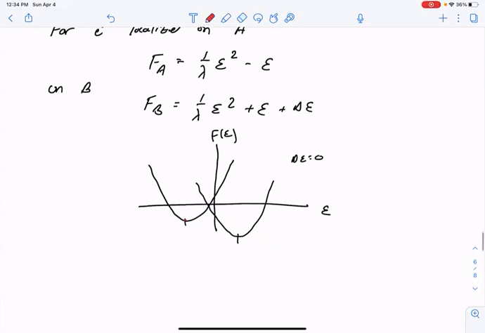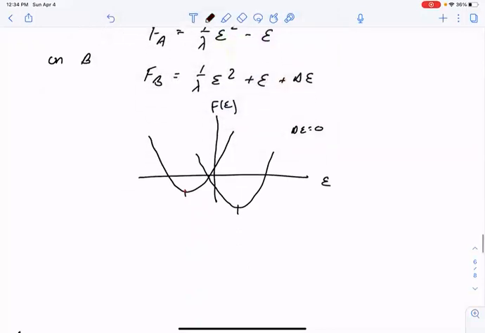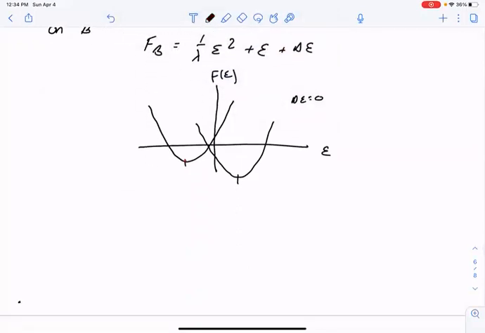So we can solve for the location of the transition state by setting F_A equal to F_B.